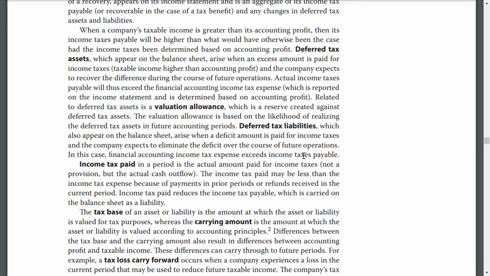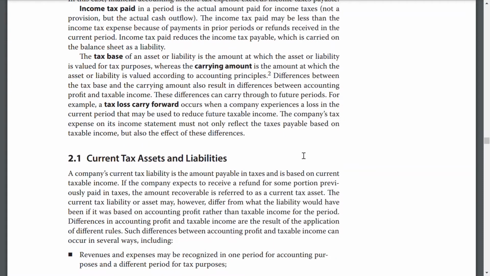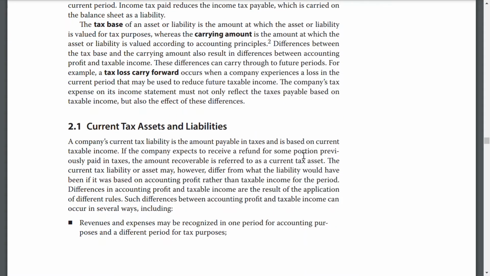The tax base of an asset or a liability is the amount at which the asset or liability is valued for tax purposes, whereas the carrying amount is the amount at which the asset or liability is valued according to accounting principles. Differences between the tax base and the carrying amount also result in differences between accounting profit and taxable income. These differences can carry through to future periods.